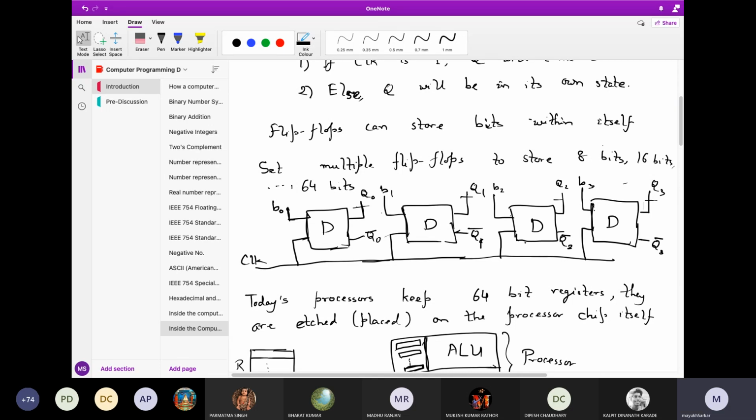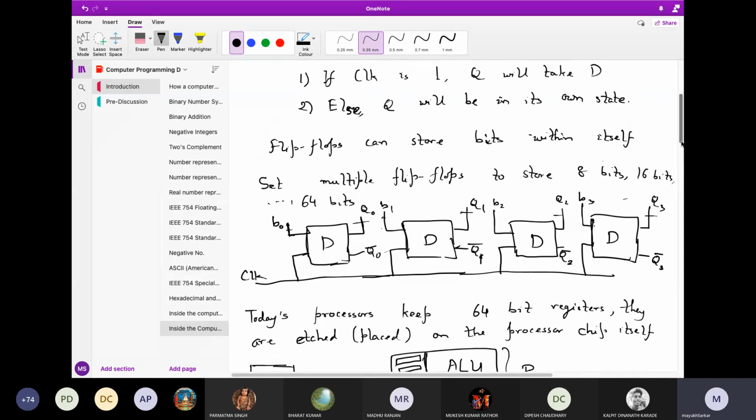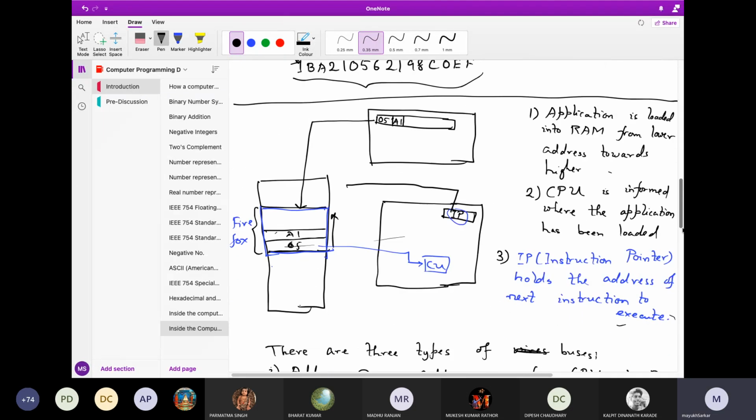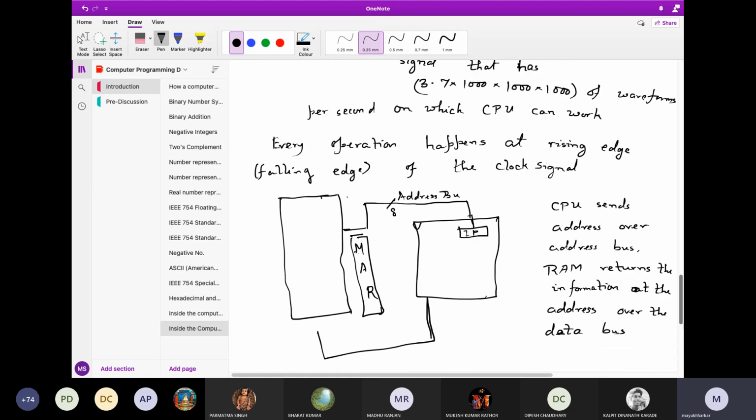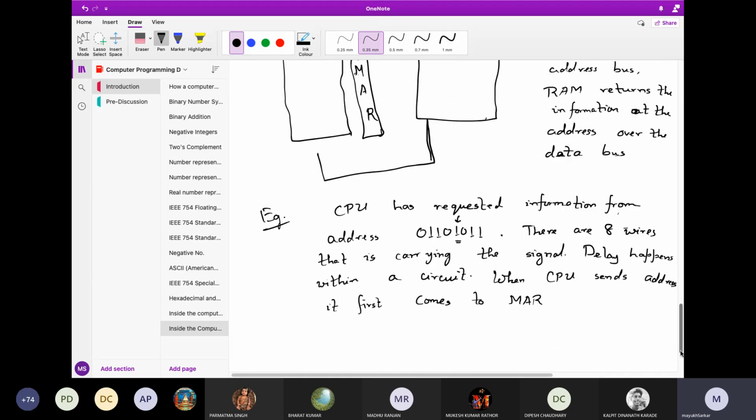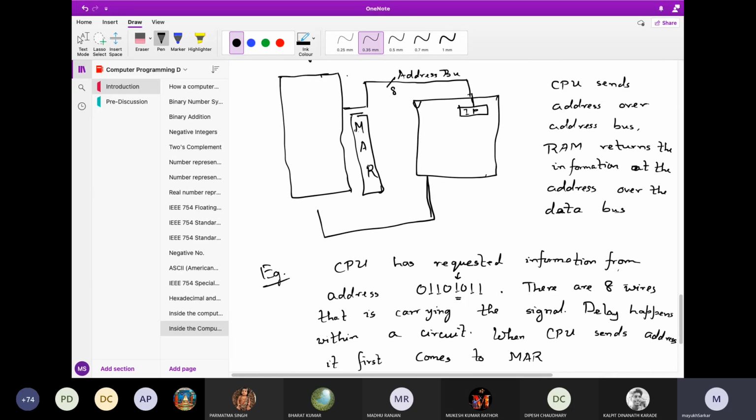Now if delay happens in some bit, it does not matter, because whenever the CPU released the address, it did not come immediately to memory. While the other bits were waiting on the other lines, as the delay happens only in picoseconds, even lower than nanoseconds, by the time the next clock edge arrives, the other bits have also appeared.